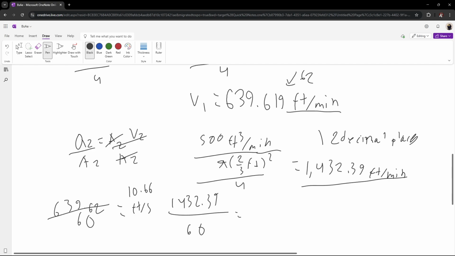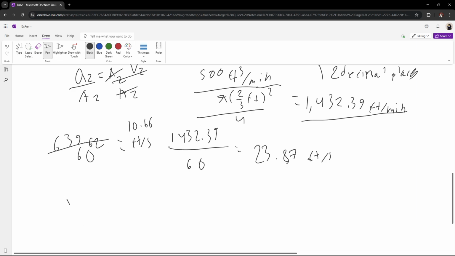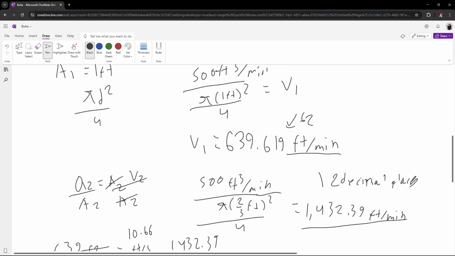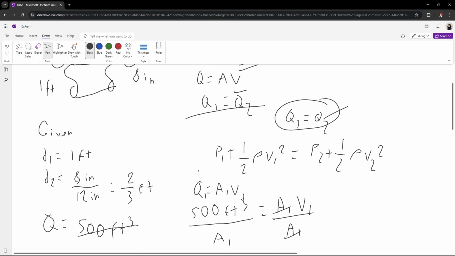As for the velocity 2, 1432.39 divided by 60, we get 23.87 foot per second. Now we have V1, which is 10.66 foot per second, and V2, which is 23.87 foot per second. Now that we have both the velocities required, we can then use the original incompressible Bernoulli's equation.